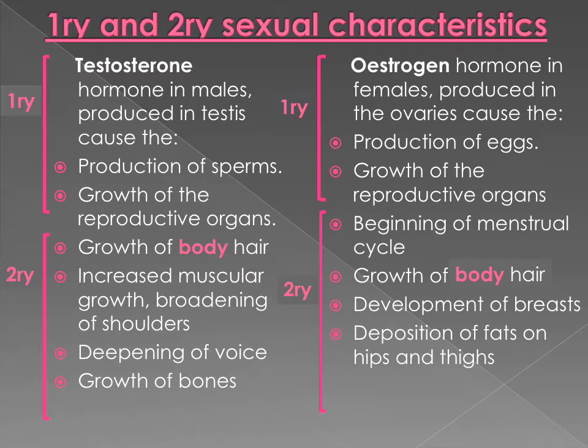Here, which are the characteristics that are considered primary? Can you think with us in females? It is the production of eggs, the growth of reproductive organs, and the beginning of the menstrual cycle. So, all these three characteristics are primary sexual characteristics. The three other ones, growth of body hair, development of breasts, deposition of fats, are considered secondary sexual characteristics.